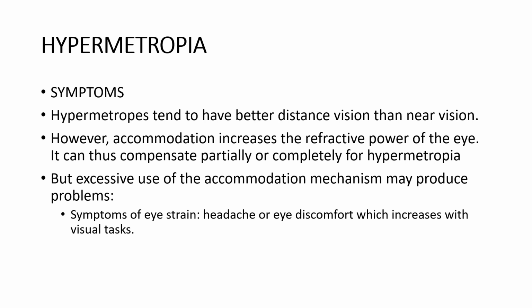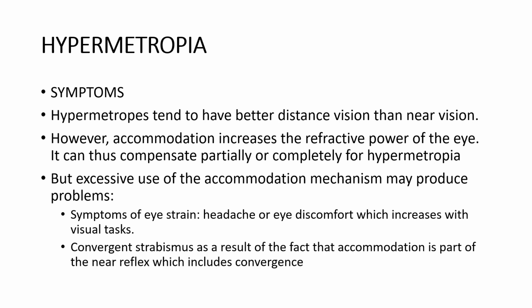It can cause eye strain, which manifests as headaches or eye discomfort, which increases with visual tasks such as reading or writing. And then convergent strabismus can also manifest as a result of the fact that accommodation is part of the near reflex, which also includes convergence.